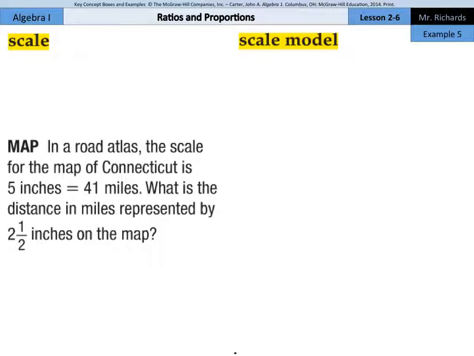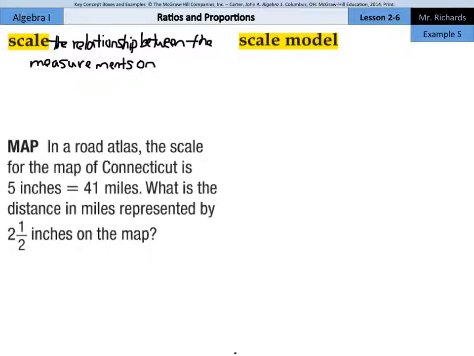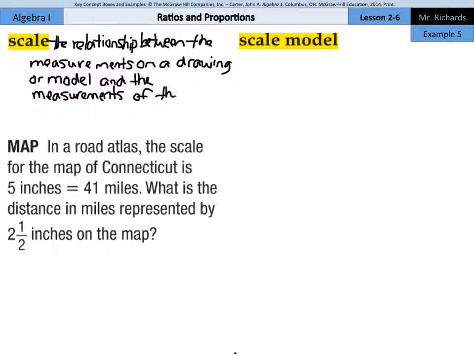For scale, this is the relationship between the measurements on a drawing or model and the measurements of the real object.